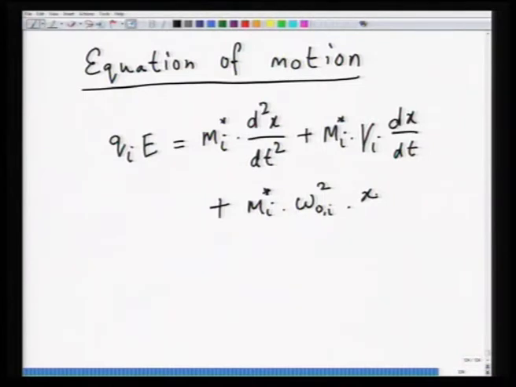Now, what these three terms are: you can see that the first term is the term which is due to acceleration.